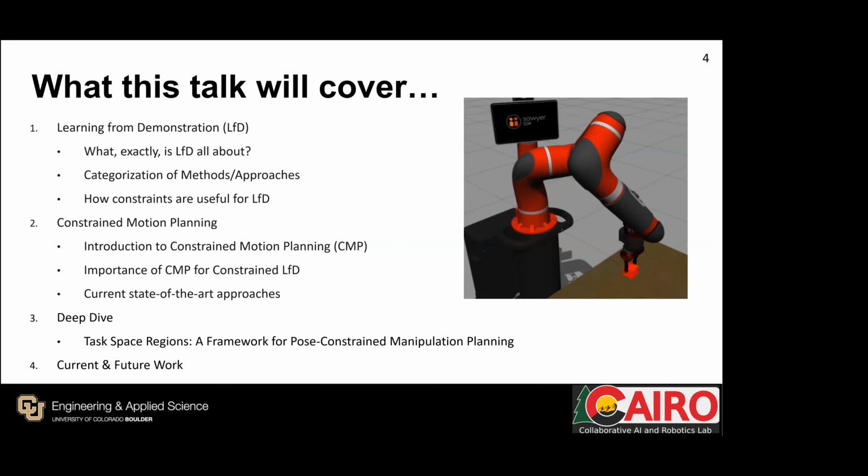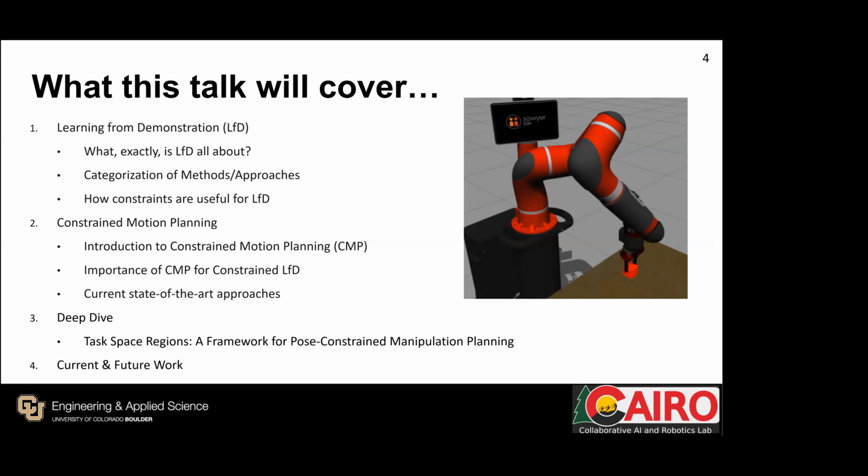To jump right into it, this talk will first cover learning from demonstration. What is that all about exactly? A categorization of methods and approaches in learning from demonstration, and then how constraints are useful for learning from demonstration. This will segue into why constrained motion planning is important for LfD and what constrained motion planning actually is, and introduce some of the current state-of-the-art approaches.